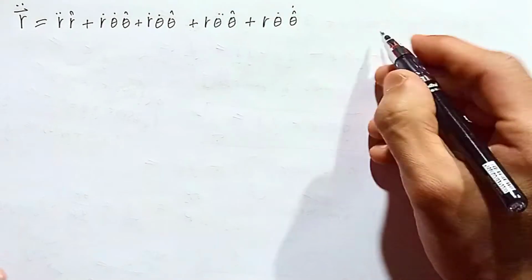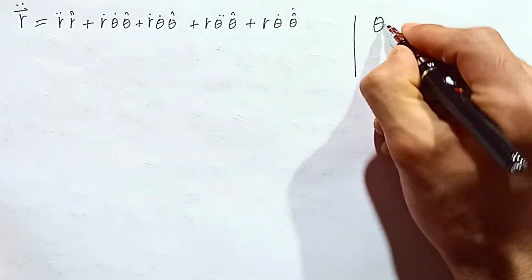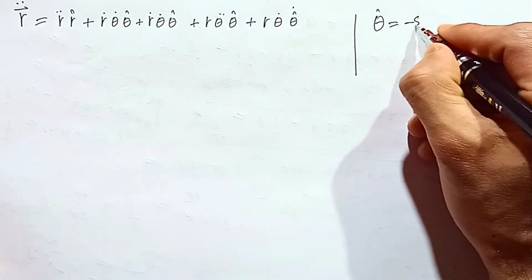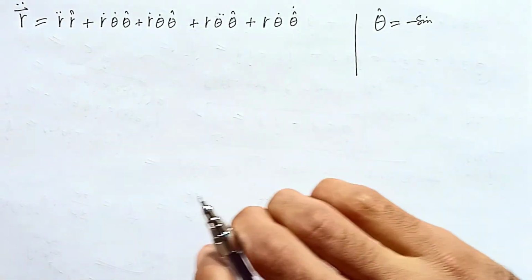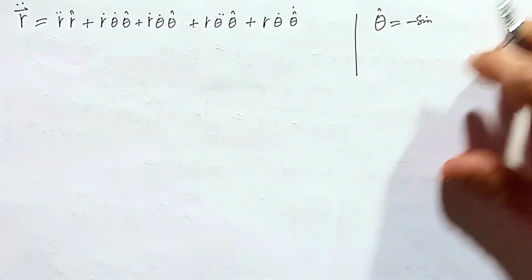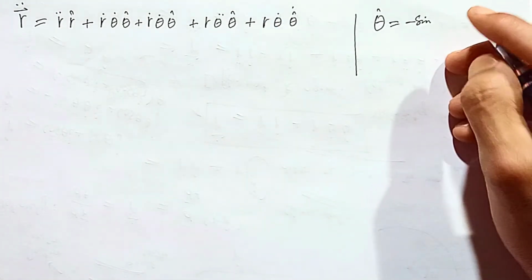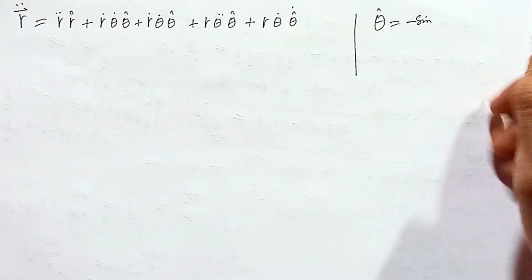But we know, as I told you earlier, that theta hat is equal to minus sine theta i plus cosine theta j, which gives the unit vector along the direction of theta.